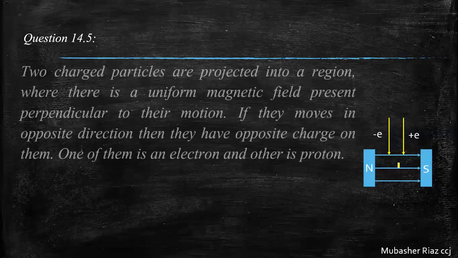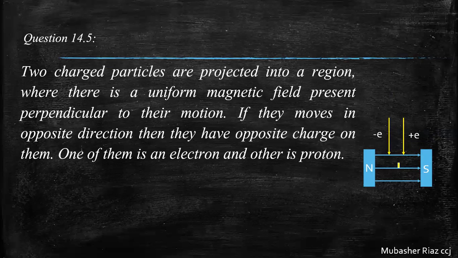So what can you say about the charges? So when they move through this uniform magnetic field and they take different paths, if they move in opposite directions, then we can say that they have opposite charge on them.